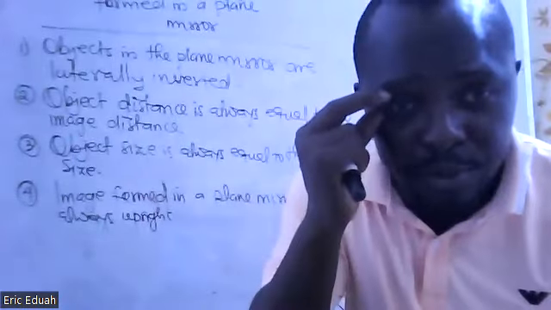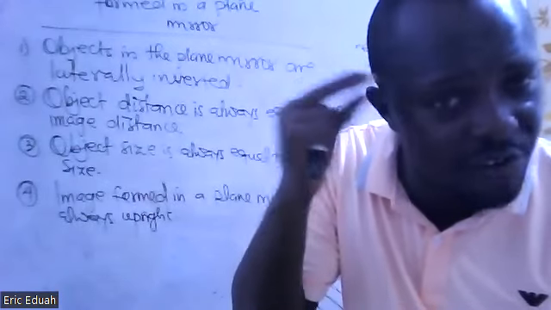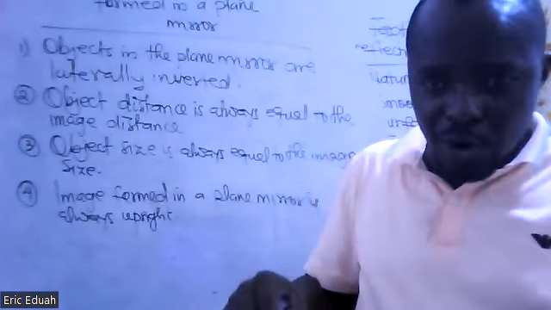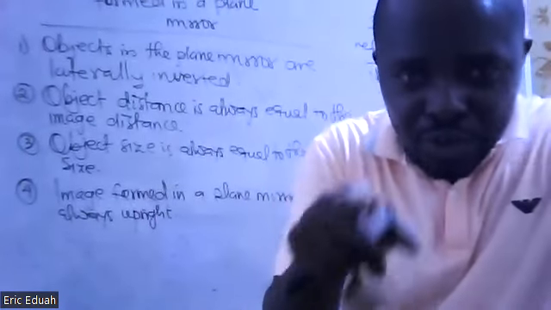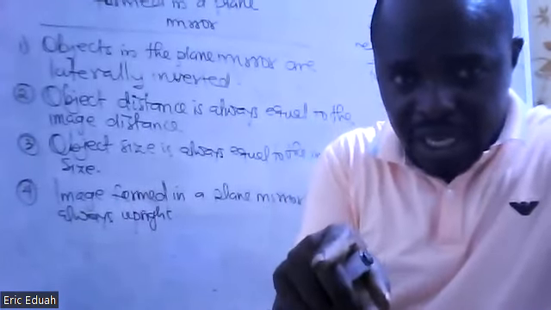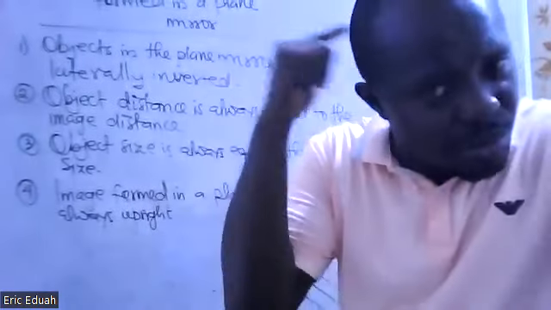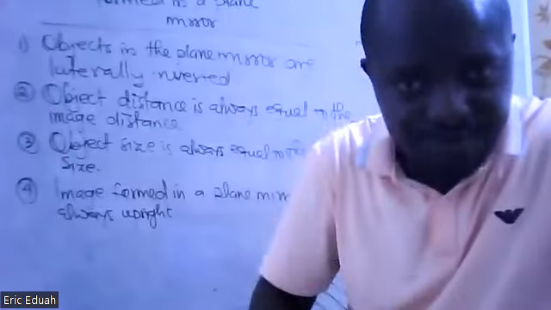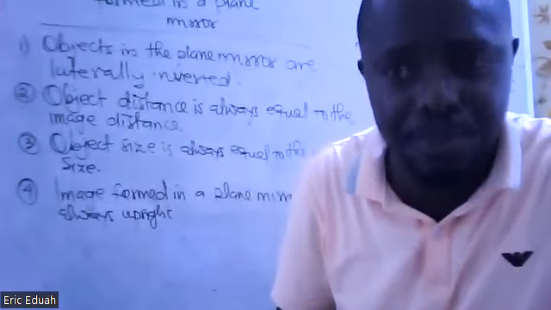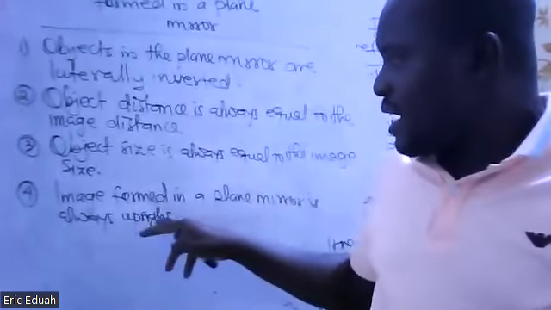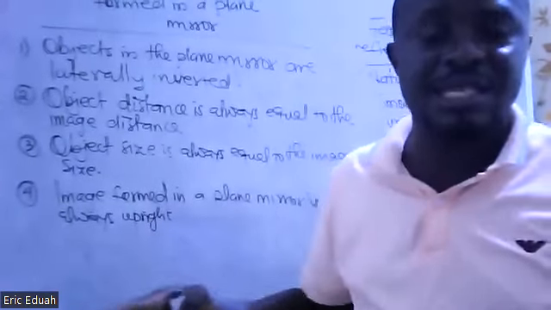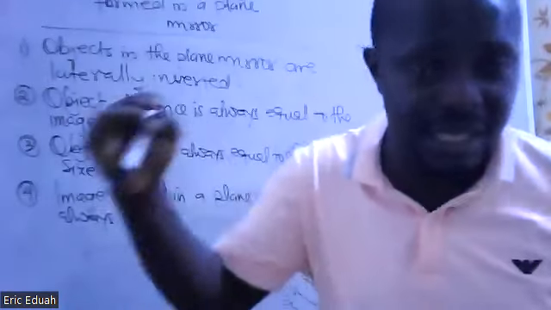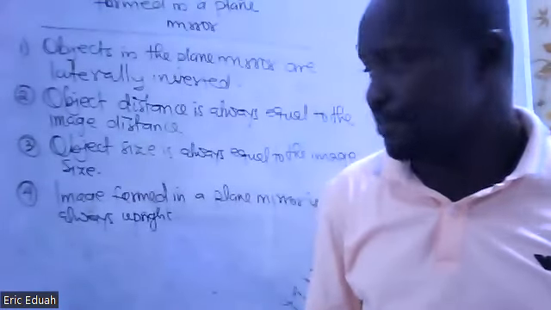The image formed on the retina of our eyes is always inverted. So if I look at you, Mirabel, your image formed on my retina is inverted, yet I see you upright. In a plane mirror, images are always upright. They are not inverted. Is that okay?